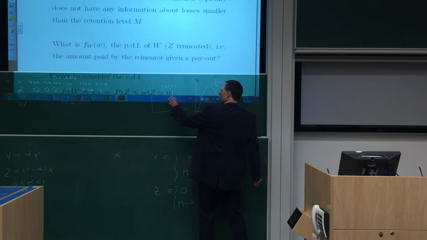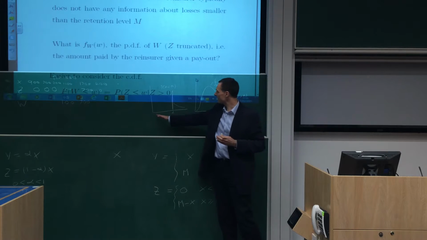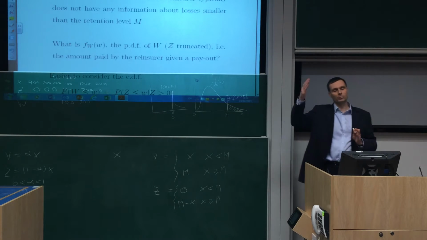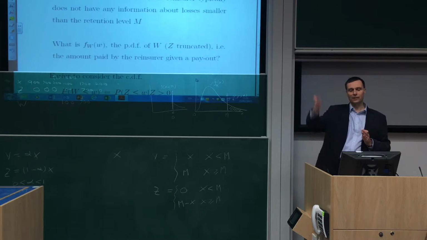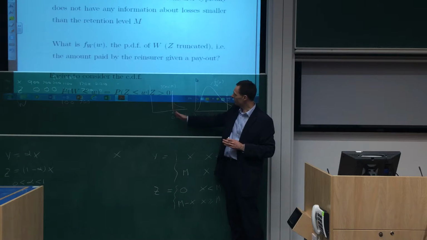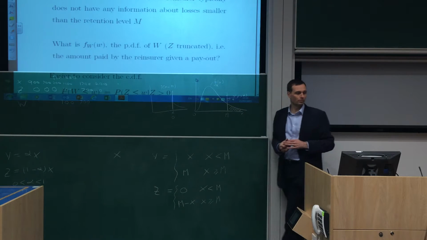I'm going to prove that mathematically, but perhaps you can see it from the argument that we're not interested in a distribution where the mass has been put at M; it's where it's been truncated. So it's a truncated distribution. It's the distribution of Z given it's greater than 0. What is the distribution of Z given it's greater than 0? Well, it'll have the same shape, but it'll have to integrate to 1.